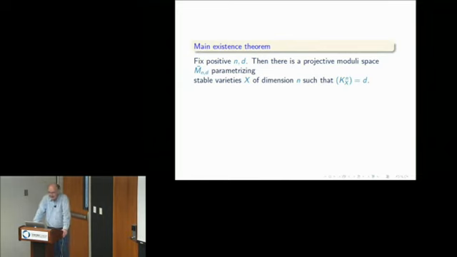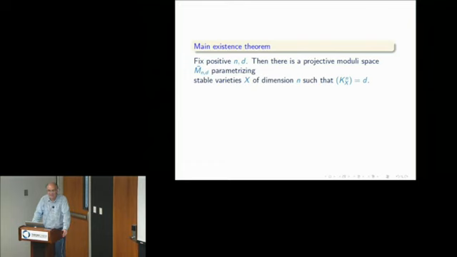We fix some positive n and d, and then the claim is that there is a projective moduli space M_{n,d} bar, which parameterizes stable varieties X of dimension n, such that the self-intersection of the canonical class is d.